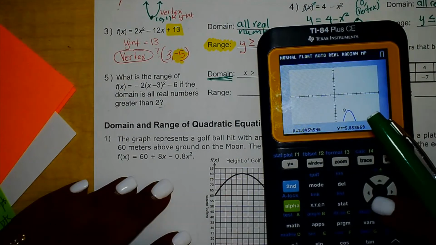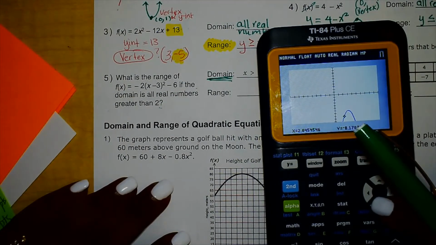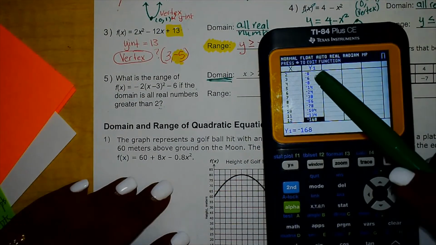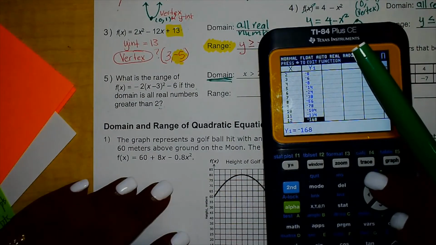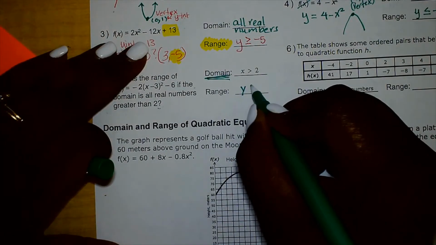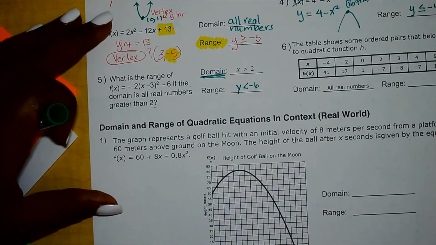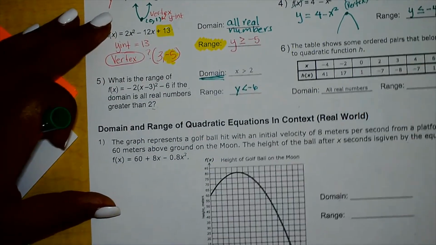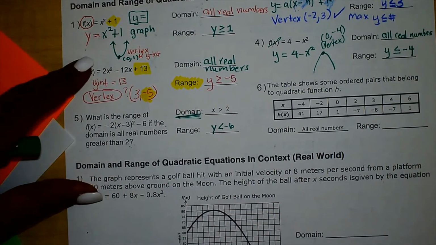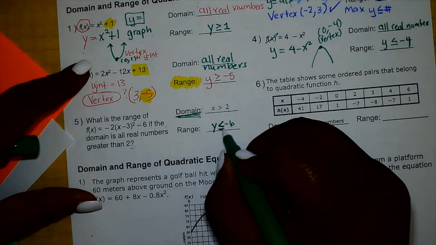You can go to the table and see it better. It's -6. So the y values will be less than -6 for all x greater than 2. Y is less than or equal to -6.